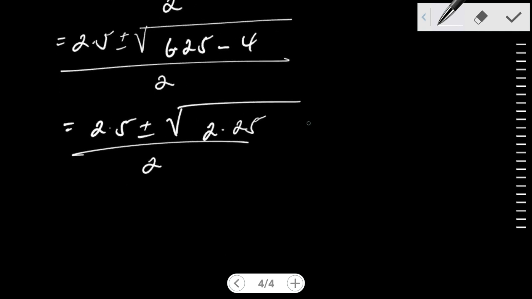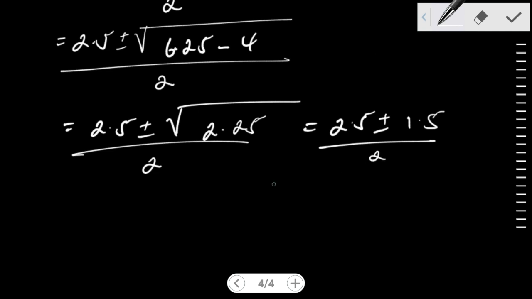Which would be proceeding as, we would have 0.5 positive or minus 1.5 all over 2.